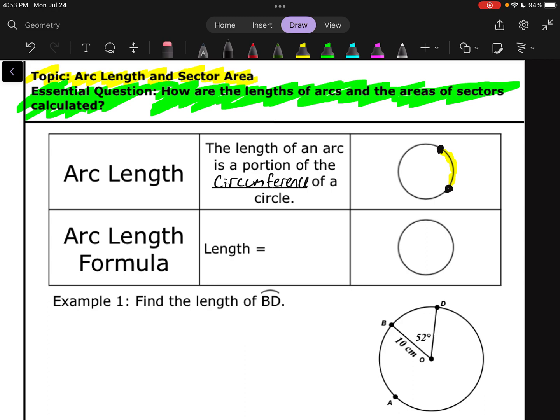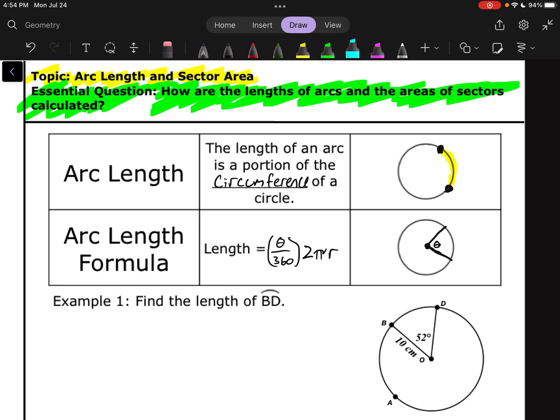So how do we do this? What is the formula for this thing? Well, it's all going to depend on the amount of degrees. So if our central angle is a certain amount of degrees, I'm using the Greek letter theta there to represent how many degrees it is, then the formula will be theta over 360 times 2 pi r.